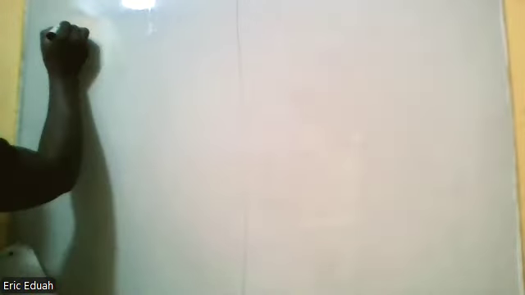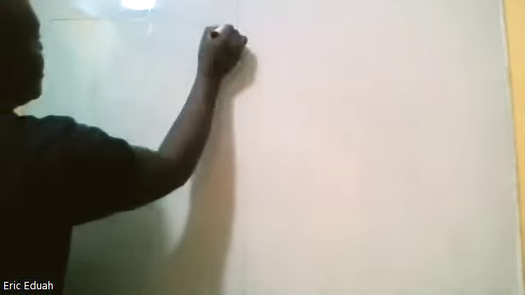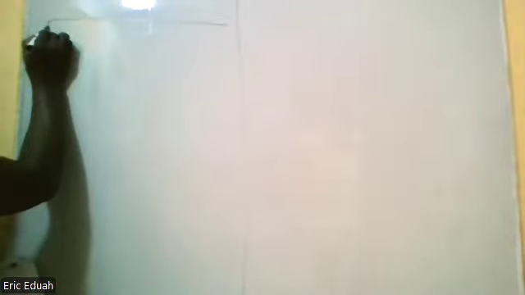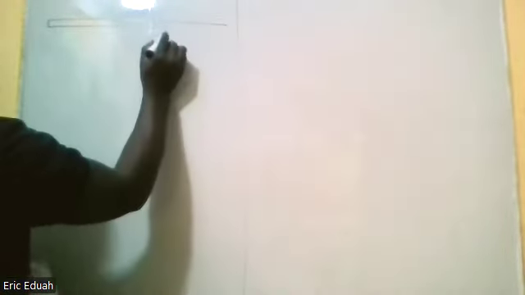So a uniform stick AB of length L and mass small m. So this beam is uniform, or stick. We are told it's a stick.